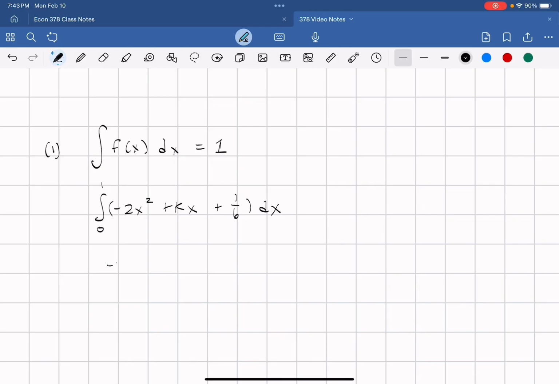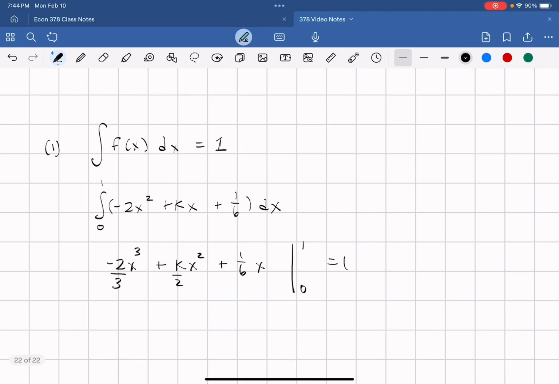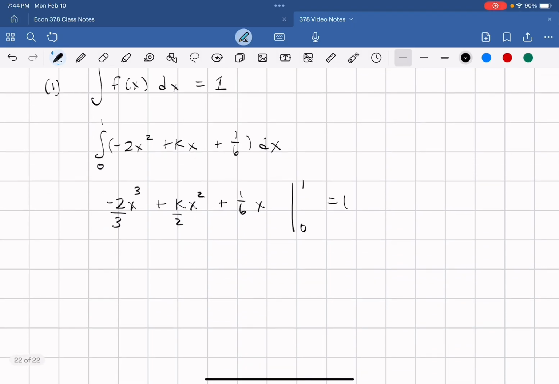So this is going to be negative 2x to the third, and we bring that 3 down below, plus kx, add 1 to the exponent, that'll be 2, and then bring the 2 down below, plus 1/6 x, evaluated from 1 to 0, should equal 1. So when we put 0 in, that'll all cancel out, so we just really got to put 1 in and see what we get.